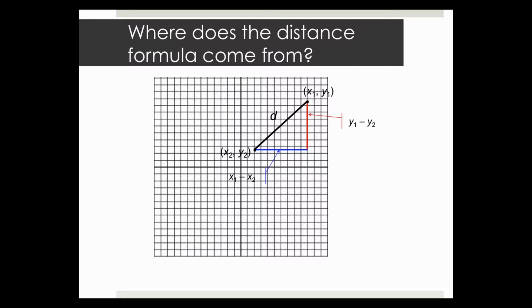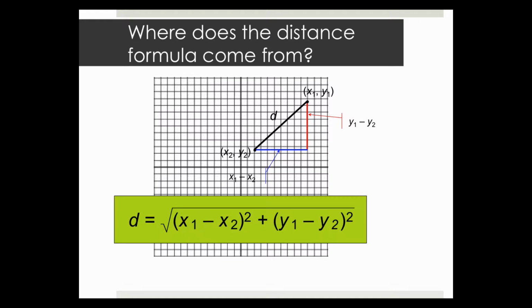So if the Pythagorean theorem applies, it means you take the short side, y1 minus y2, square it. Take the other short side, x1 minus x2 quantity squared, and that's going to be equal to the square of the hypotenuse, d squared. But we don't want d squared, we want d, so we take the square root of both sides, and we end up with that, which you know is the distance formula.